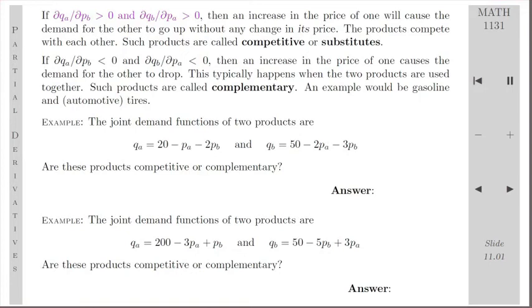If they are both positive, so first, if dQA over dPB is positive, it means when the price of B increases, nothing else changes, the demand for A increases. And the same way, if the price of A increases and nothing else changes, demand for B increases. So here we have two products.